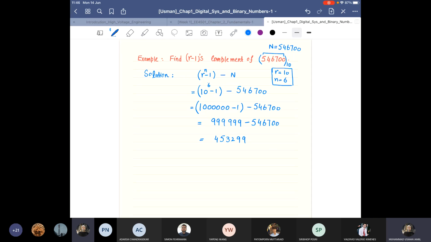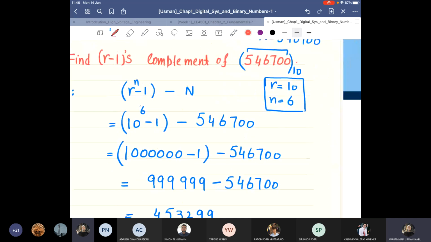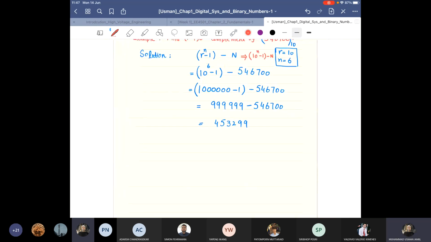And remember one thing here, I just want to explain something. If I write 10 raised to power n minus 1 minus n, what is the meaning?